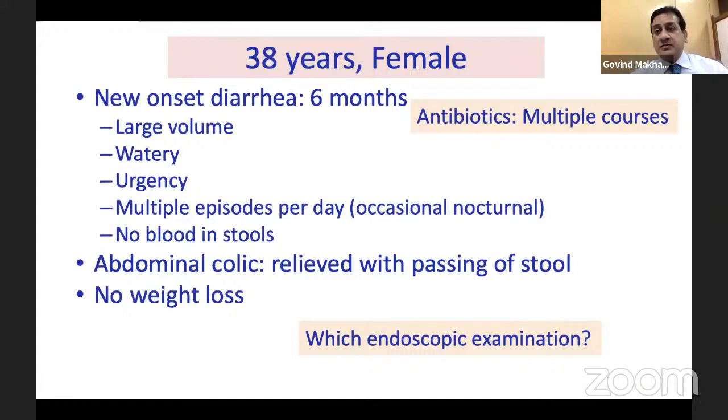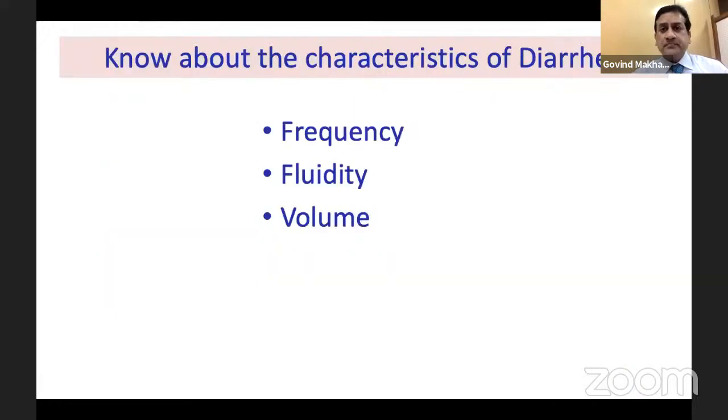We'll come back to this case after we have discussed the basic approach. Once you talk about chronic diarrhea, there are three key points: frequency, fluidity, and volume. These 3 points are the most important, which help us in locating the site of disease of chronic diarrhea.